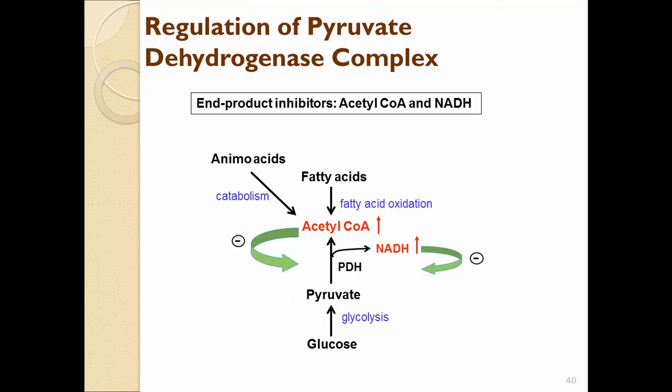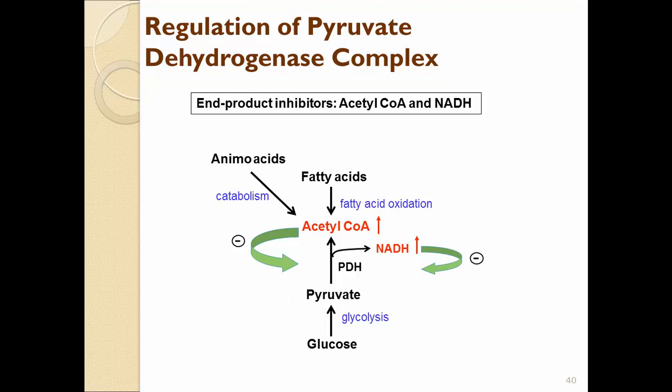One is acetyl-CoA, which is a product of this enzymatic reaction, and the other is NADH, which is also generated from this reaction. So acetyl-CoA and NADH can serve as negative regulators, and can inhibit pyruvate dehydrogenase activity.